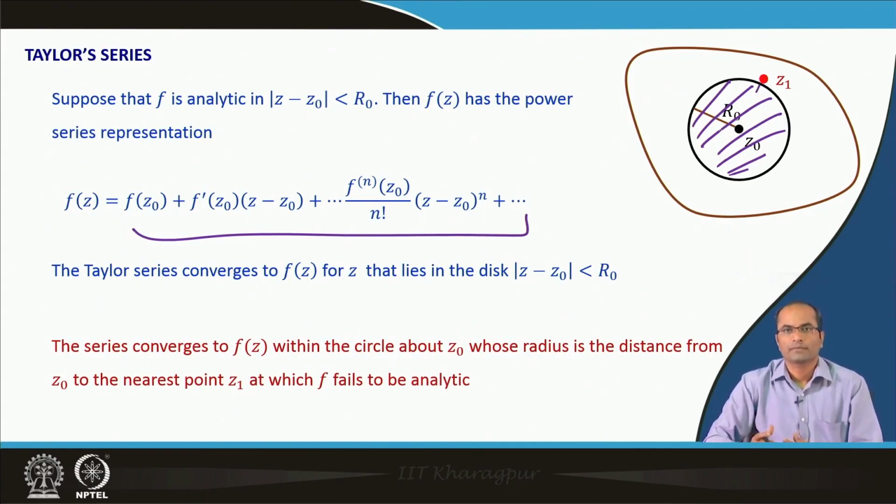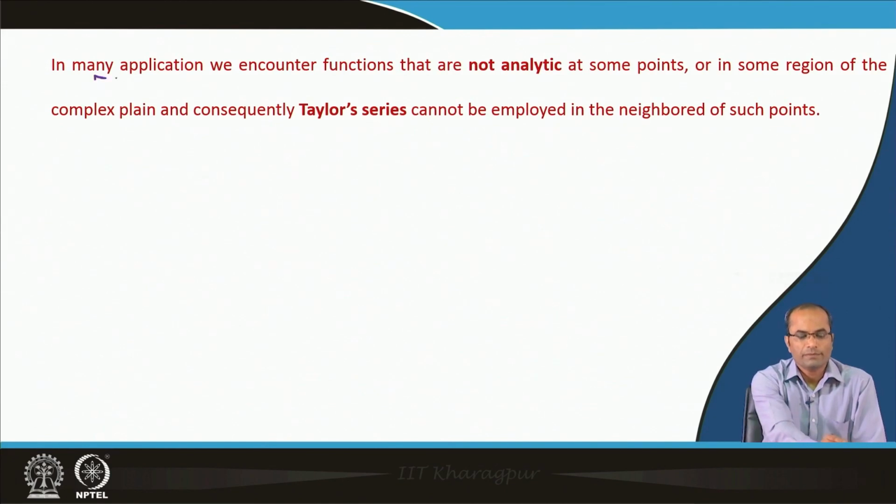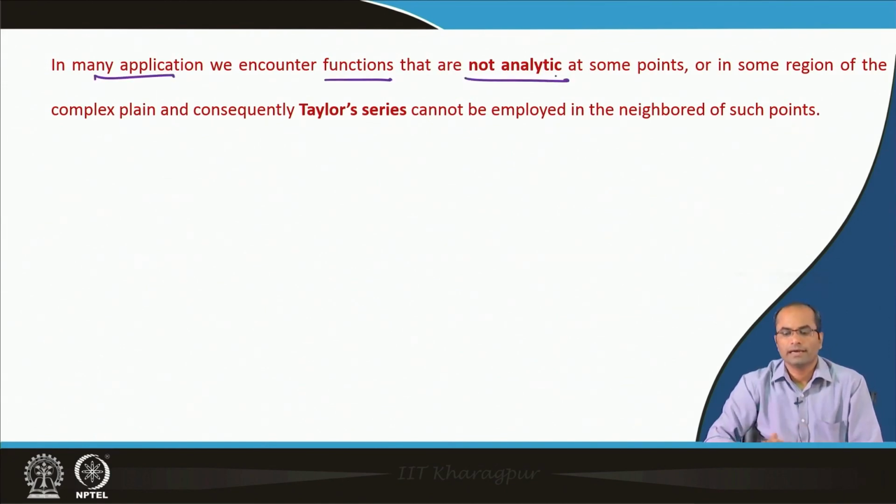So, this was the summary of the previous lecture, and now we will go for the further extension or generalization, because very often we will see that some functions are not analytic at some point or in some region. So what kind of representation can we have for those functions? As written here, in many applications we encounter functions that are not analytic at some points.